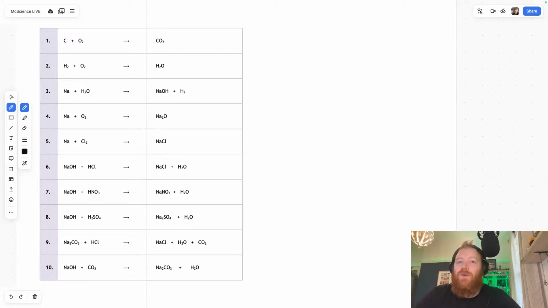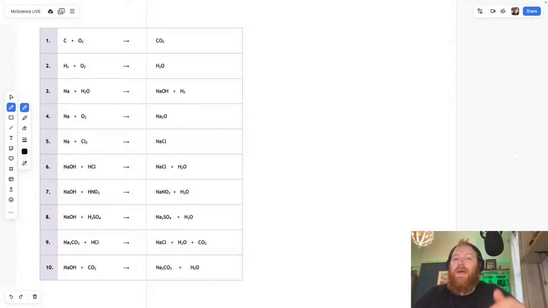Now, when it comes to balancing equations, our actual equations themselves generally range from 1 to 3, maybe sometimes even 1 to 4 marks per chemistry paper.